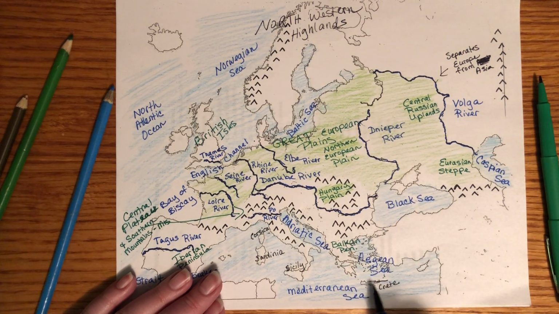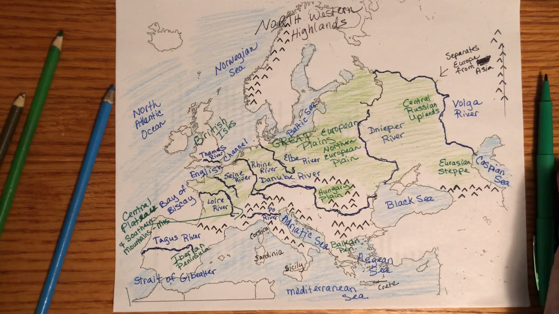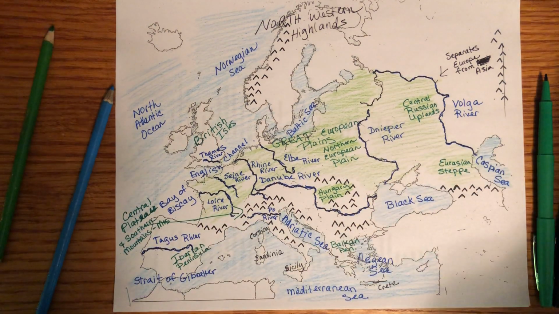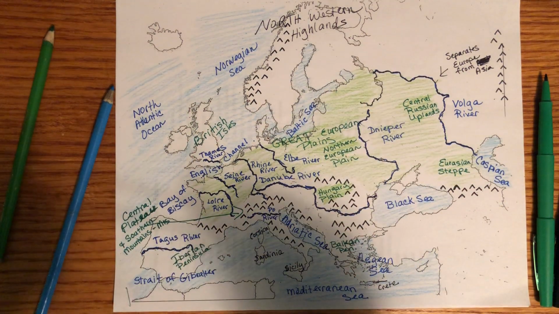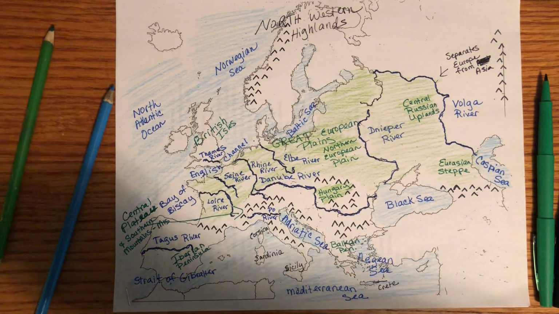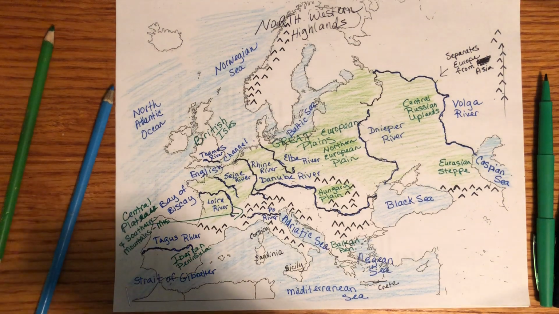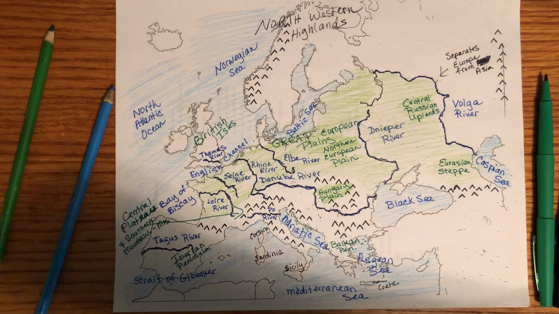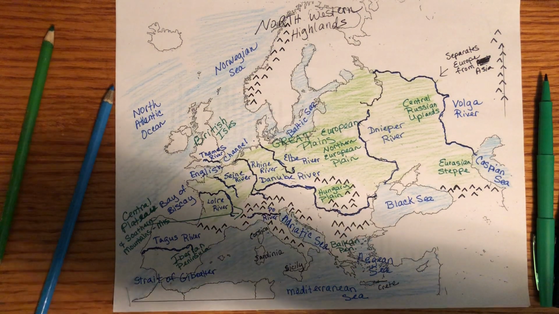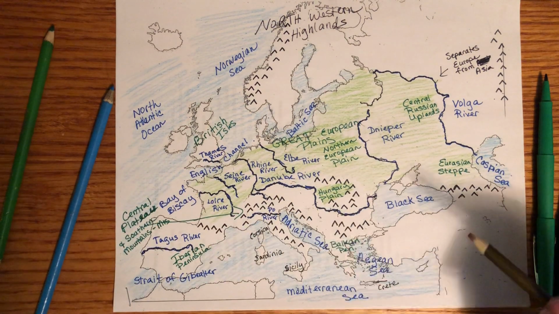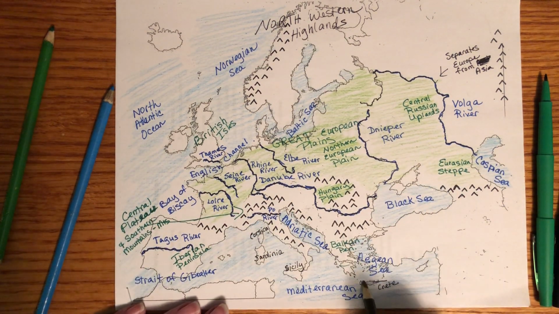Right here, and that's this island right here. I'm going to take my brown pencil and sharpen it because I definitely need it, and it's necessary when I'm trying to do islands especially. So let me keep sharpening this pencil. All right, got my brown pencil back. Over here we have our island of Crete.